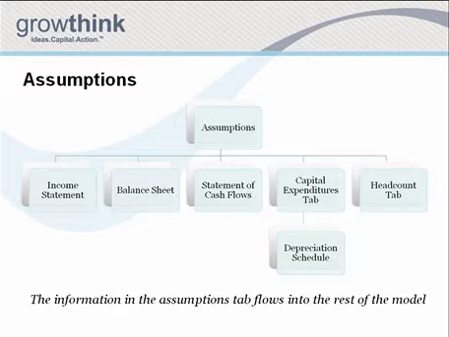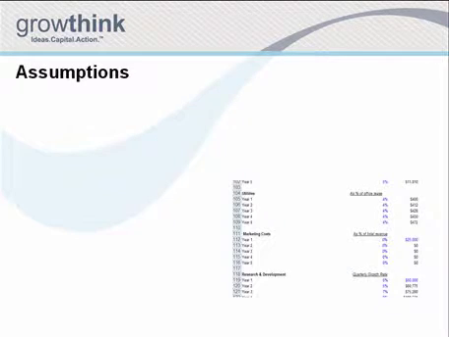So we have all these different tabs of your model you'll see in your Excel worksheet, like your income statement, your balance sheet, and your statement of cash flows, which are the main three. And then you have different assumptions tabs like capital expenditures and headcount and depreciation. And when you change the assumptions tab, you see everything else change. And so it really just drives your financial model.